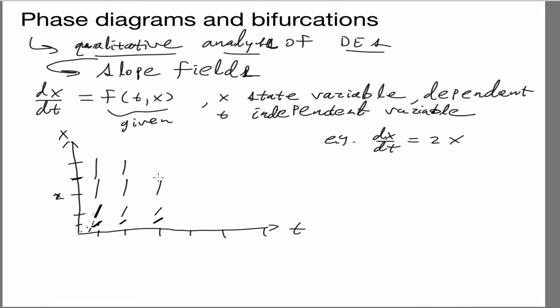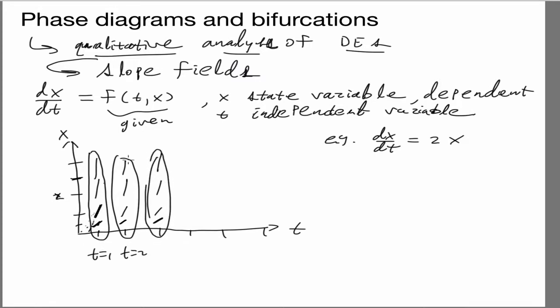One thing you notice is that if I look at this column for t equals 1 and t equals 2, all of these columns here are the same. And they're the same because this is what we call an autonomous differential equation.